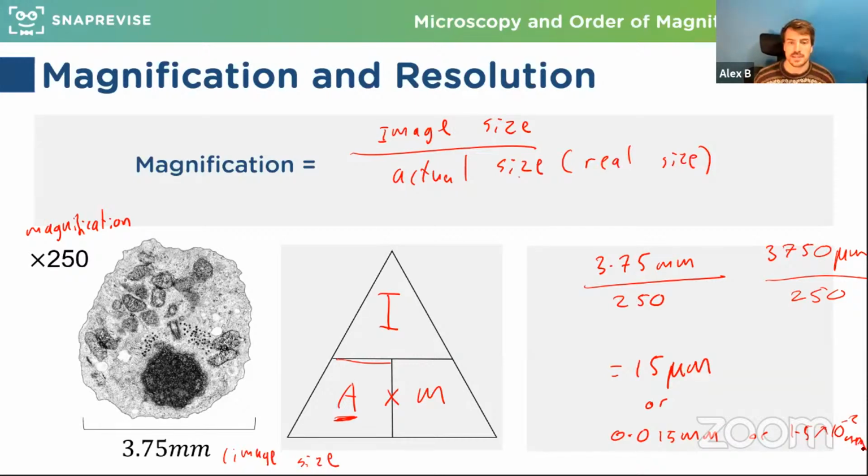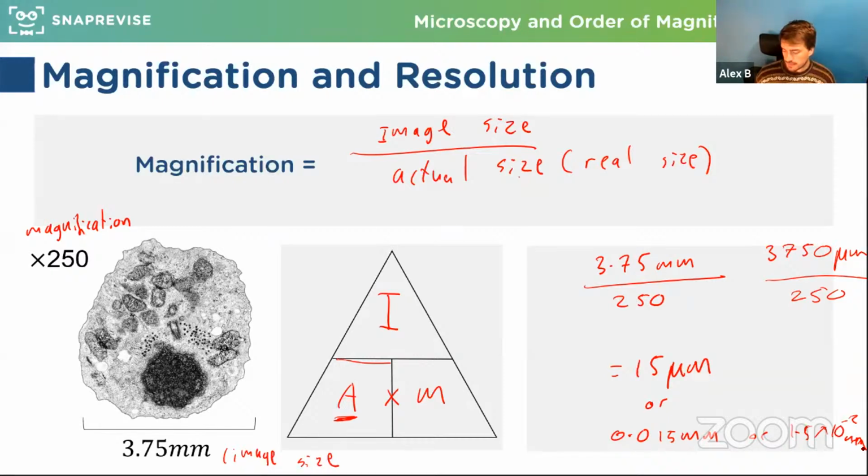Unless the mark scheme specifies a particular unit, you can give it in whatever units you like. But what I'd recommend is putting it in the units that make the nicest number, something between 1 and 100 is a nice number to look at.